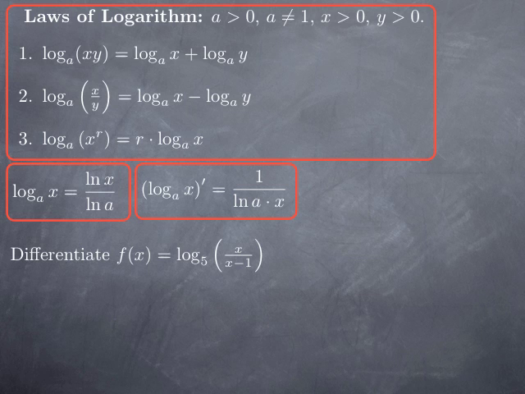And one advantage of the logs, as we have seen when we were talking about logarithmic differentiation, is that it transforms products into sums and quotients into differences. So we can rewrite that as the log of base 5 of x minus log of base 5 of x minus 1, or 1 over ln of 5 multiplied by the difference of the natural logs.